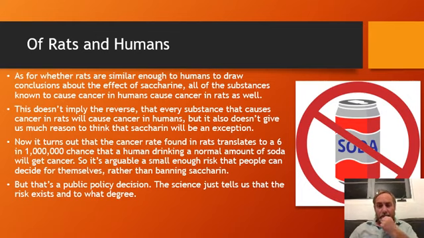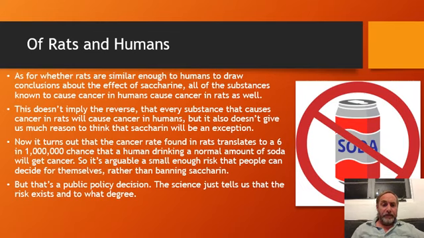But it's suggestive enough that there's not really a good reason to think that saccharin would be an exception to the correlation we see between cancer causing agents in humans and in rats.